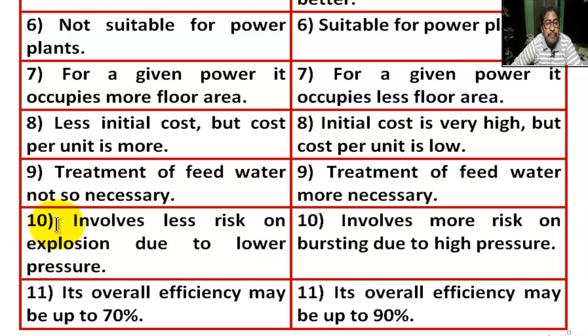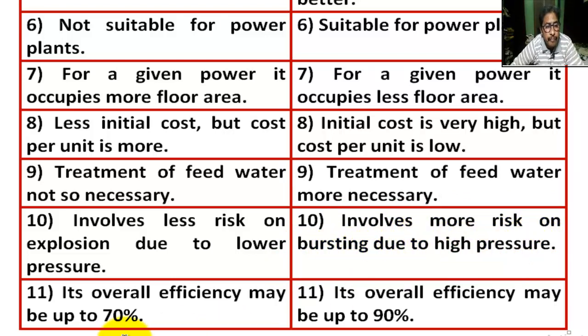Number 10, for fire tube boiler, it involves less risk of explosion due to low pressure. Number 10, for water tube boiler, it involves more risk of bursting due to high pressure.